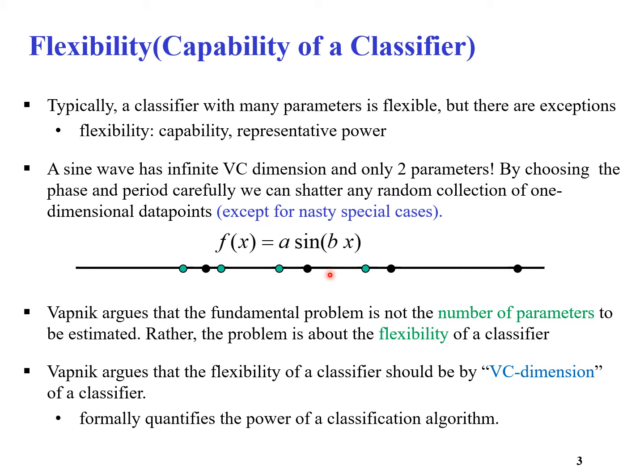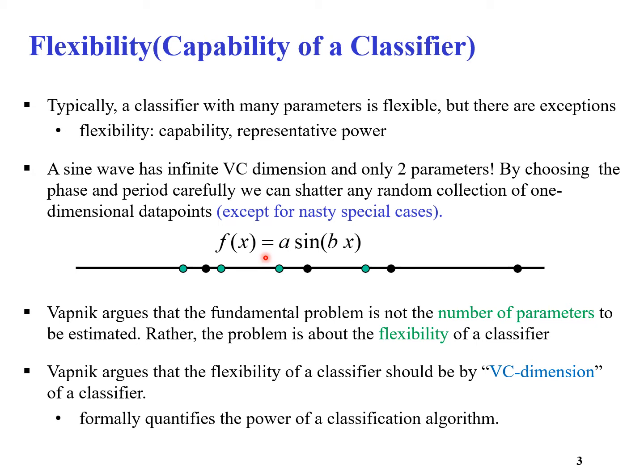So the conclusion here is that sometimes a classifier with very few parameters can be very complex, very flexible, very capable. So the number of parameters is not a good measure of the degree of flexibility or capability of classifiers.